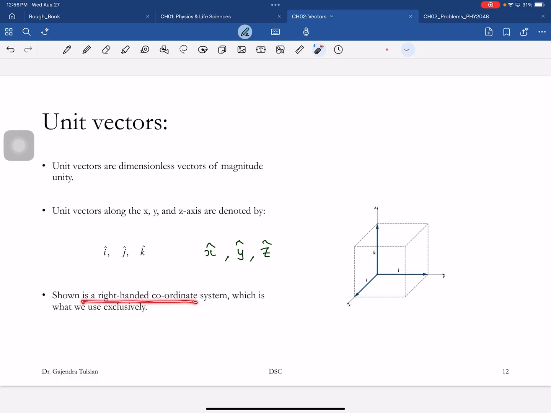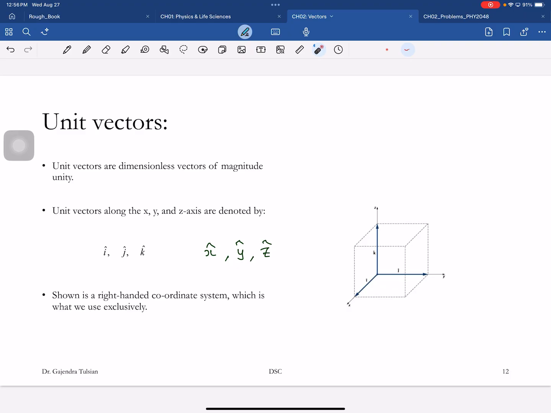And this is a right-handed coordinate system. Here is a right-handed coordinate system. This is a left-handed coordinate system. In all your textbooks, everywhere in the world, we use the right-handed coordinate system. Here's what this means: this is the x-axis, y-axis, z-axis.